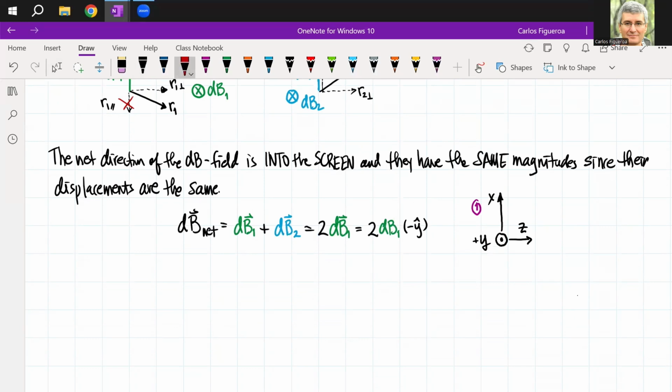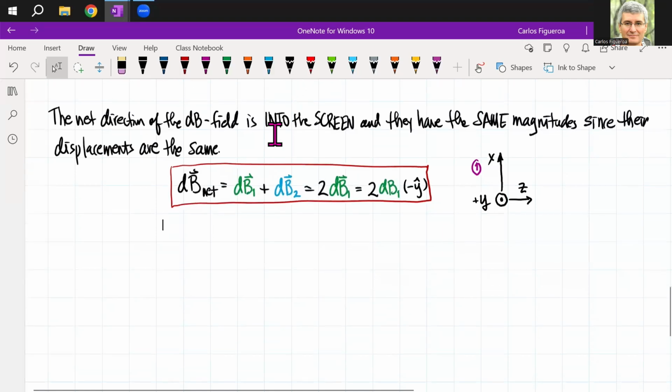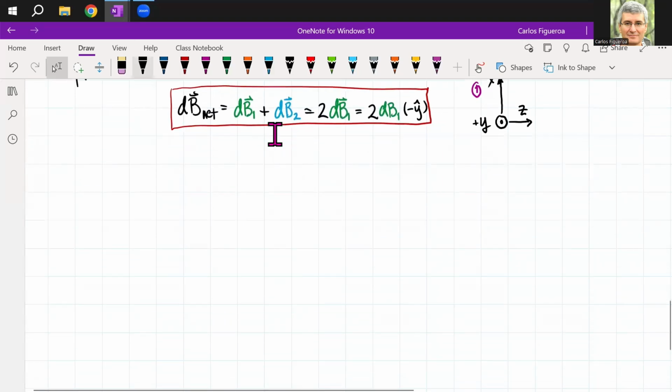So in other words, this is what symmetry tells us about the field. Before we get started, remember, we're still trying to understand the physics of the field. So that's what symmetry is telling us, and that tells us a lot about the field.